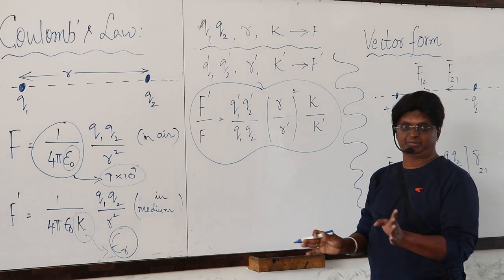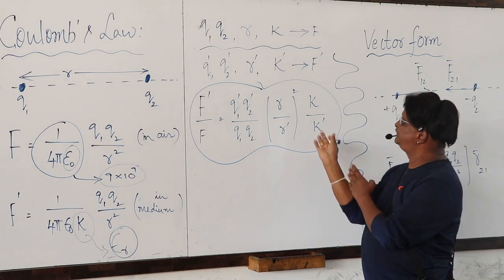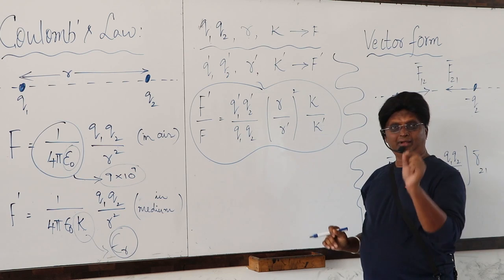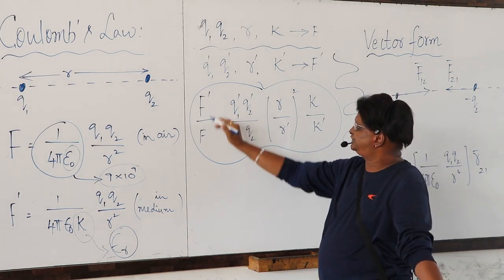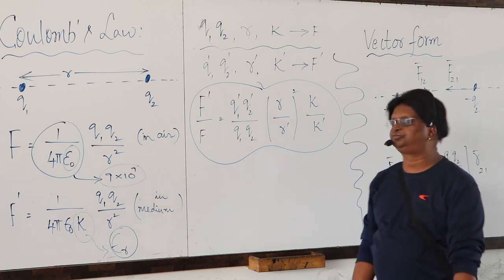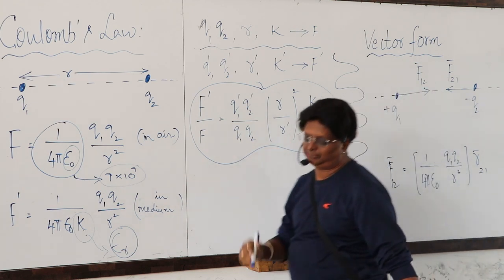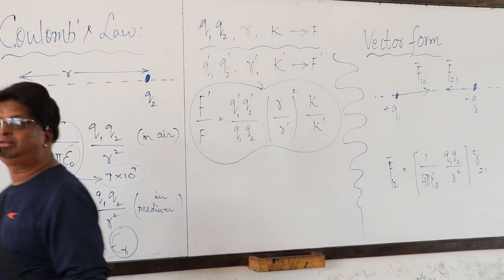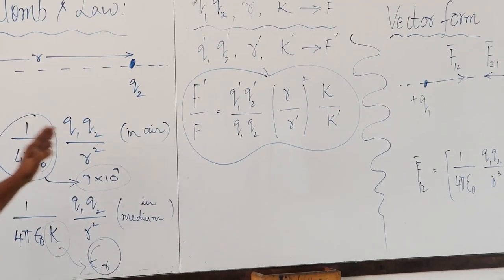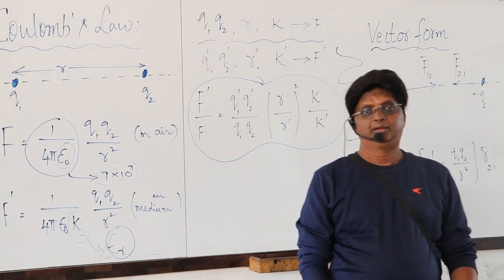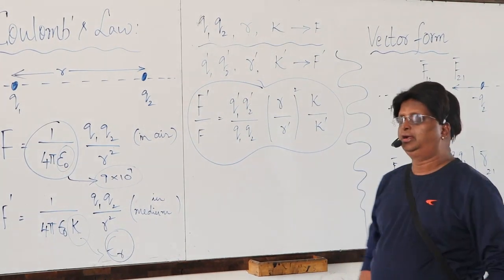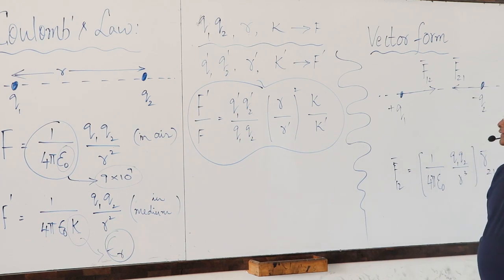Any example on the Coulombic force, you can use it as a very stock expression. This F dash, the new force, and F being the initial force. This is the ratio I have written. Now, whatever changes are given, you substitute the changes, you get the answer, right?